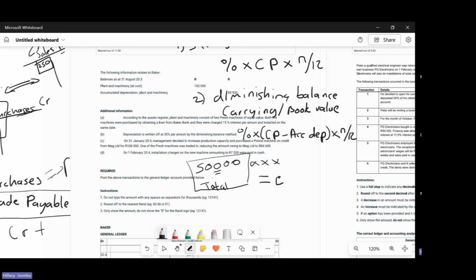Do we all understand? No one has questions, no one is lost. Are we all moving together? No, we're not. Okay, where are you lost? Please repeat. Okay, where do you want me to repeat? Everything, or a certain part?